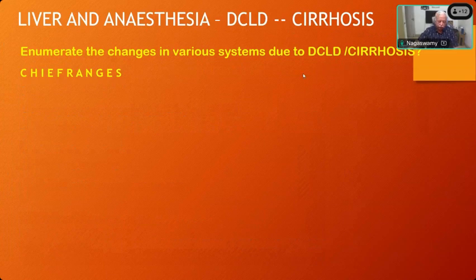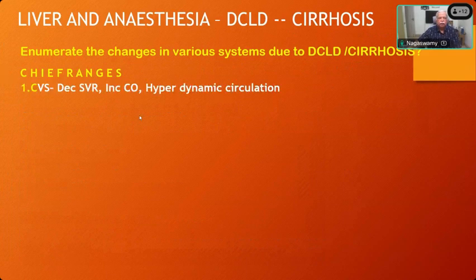The effects of cirrhosis on other systems of the body, you can remember by the mnemonic CHIEF RANGES. Starting from C, it is about CVS. What are the changes? You have a decrease in SVR, increase in cardiac output, and so the pulse looks very hyperdynamic and bounding. So, there is a hyperdynamic circulation.